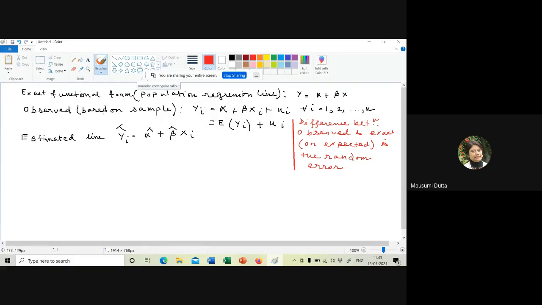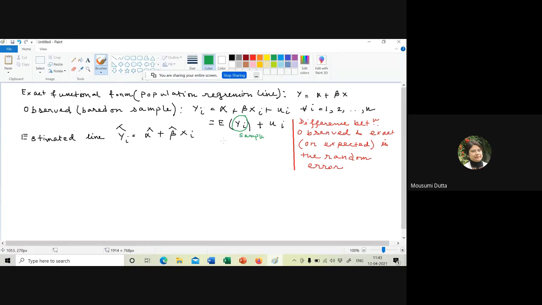Okay, so just I am writing the thing. If you just consider this one, this means expected value of the sample observations.